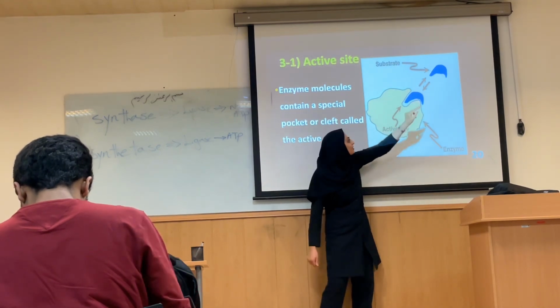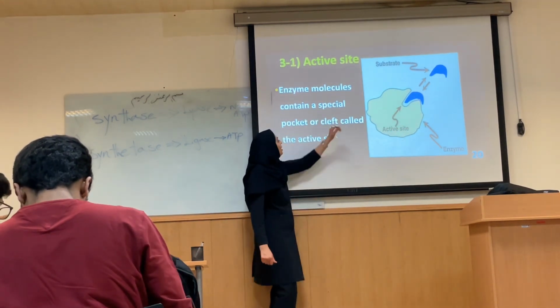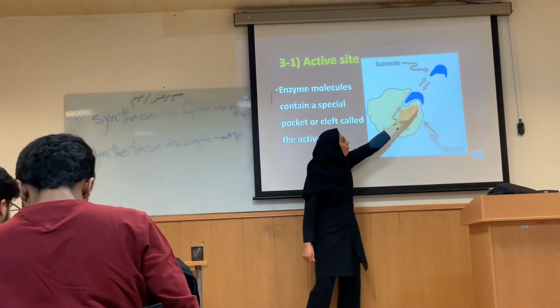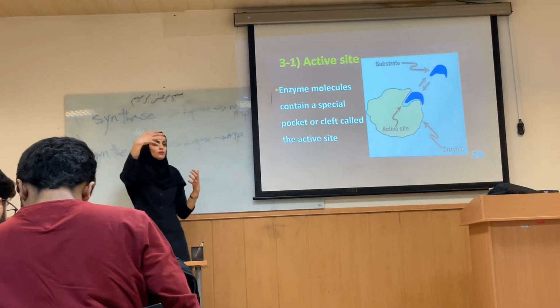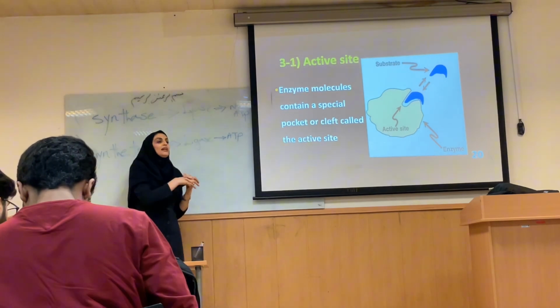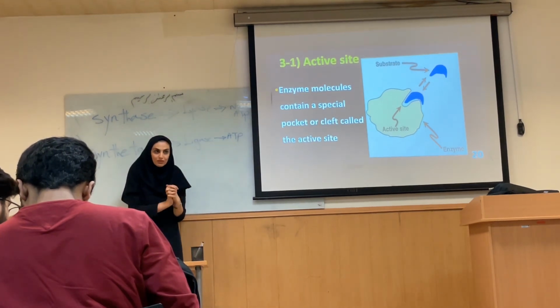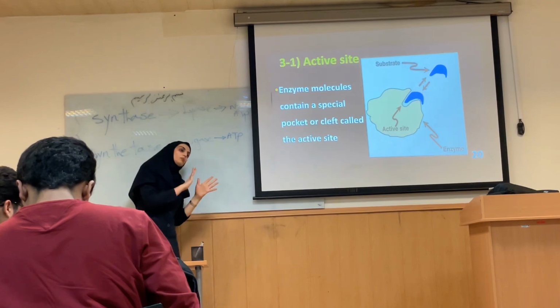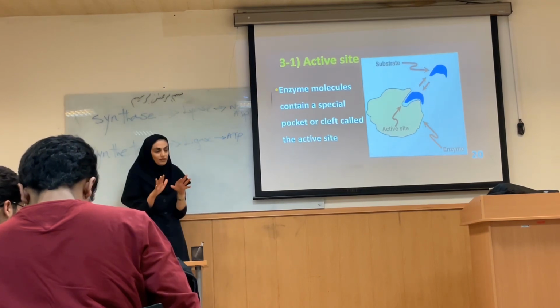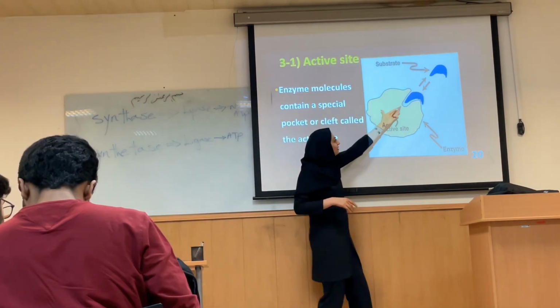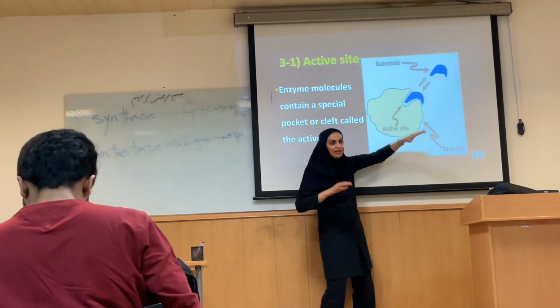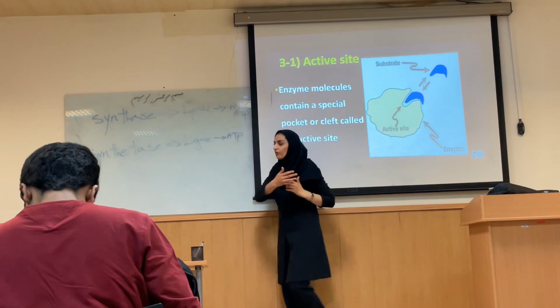Both are correct, substrate or reactant. There is a cleft or pocket that the substrate can attach to, and it has some interaction with the enzyme. For example, some hydrogen bond or some hydrophobic bond, and after the reaction is completed, it converts to the product and again the enzyme is regenerated.